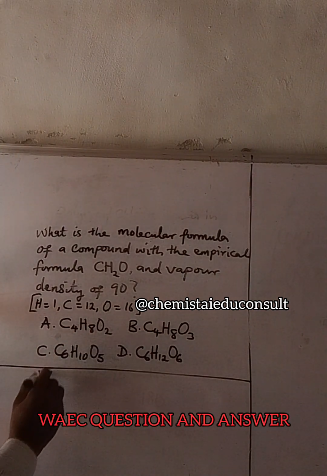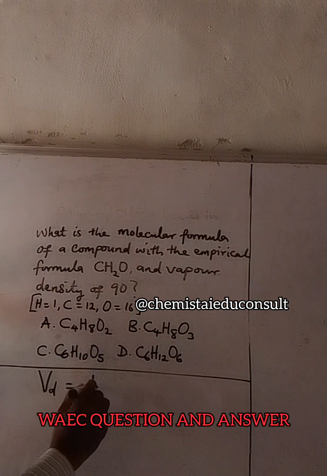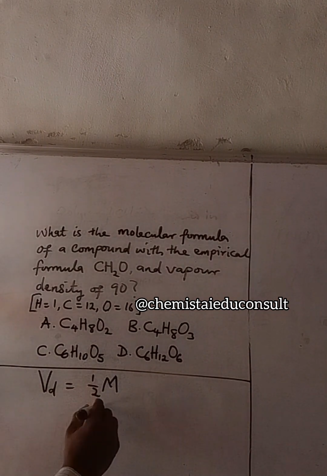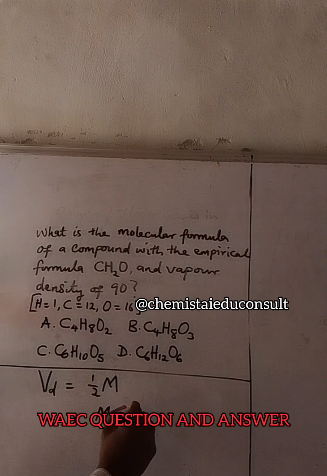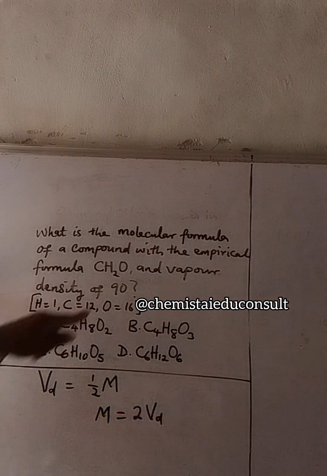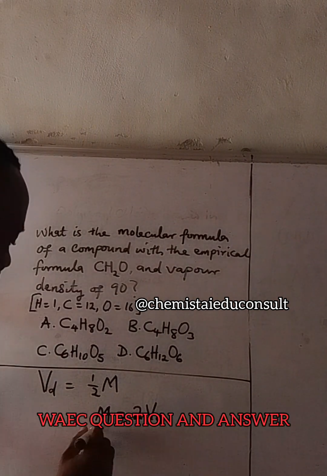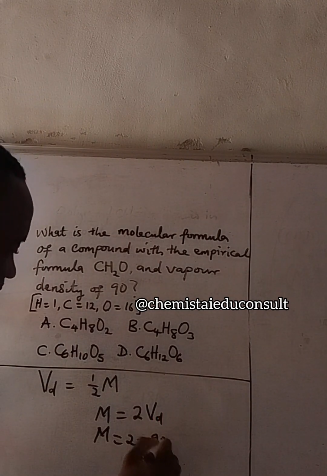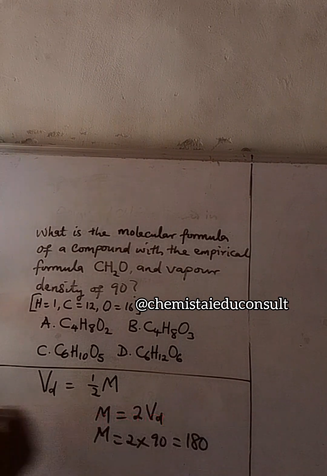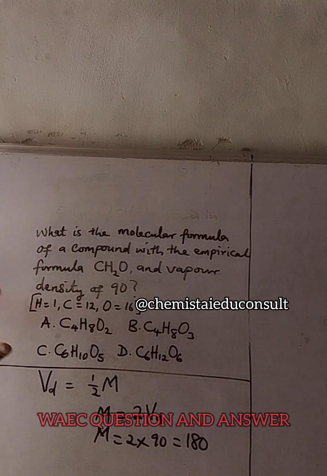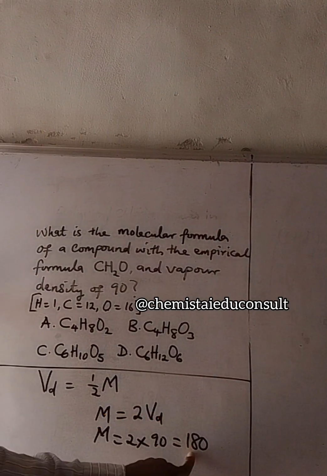So vapor density is always half of the molecular mass. So if that is so, molecular mass is going to be double of the vapor density. So from here, we can see that molecular mass is 2 times this 90, which gives us 180. So the molecular mass of this particular substance that we don't know is 180.